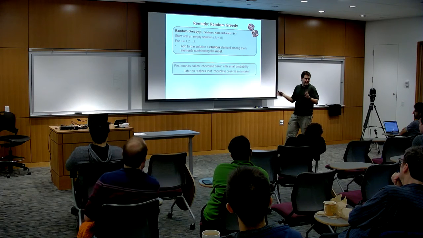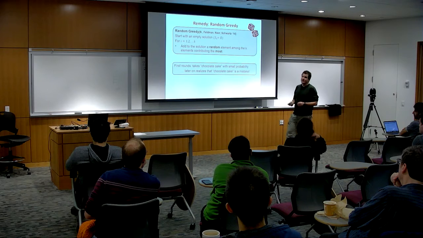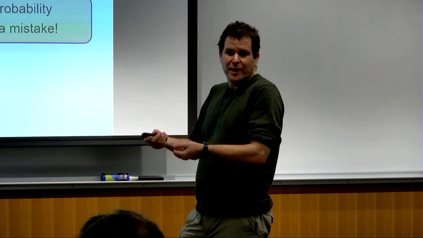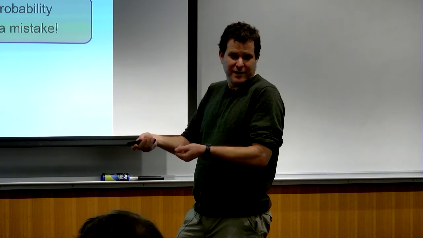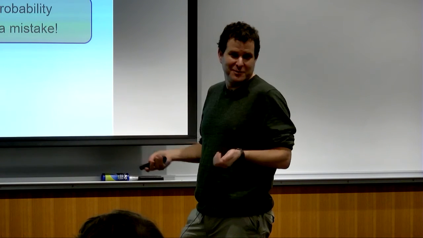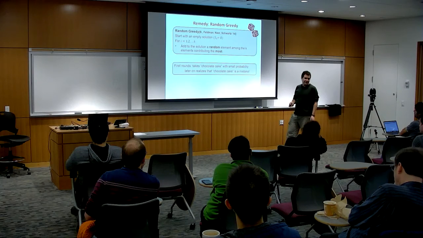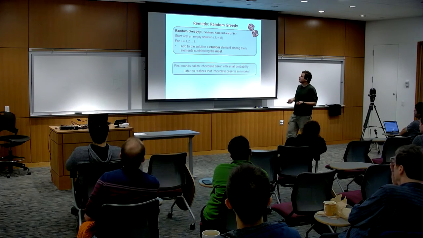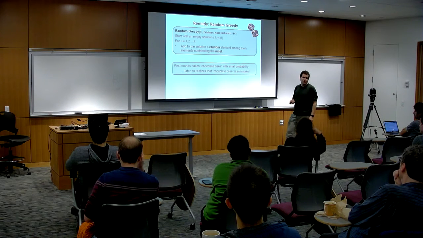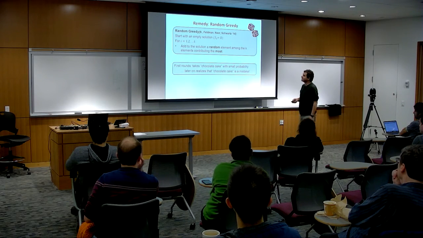Think about k as large, right? So you will pick it with small probability. And then later on, after you added 2 items, you see the chocolate cake is really a disaster to the meal, right? And then it will not even appear in these k best elements. So you kind of avoid the chocolate cake with some probability.